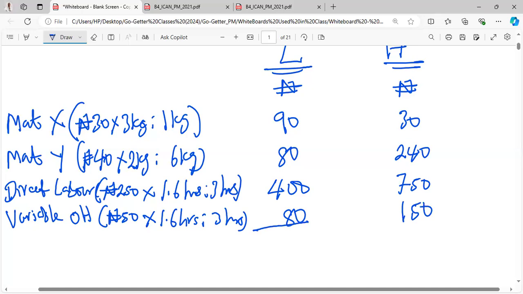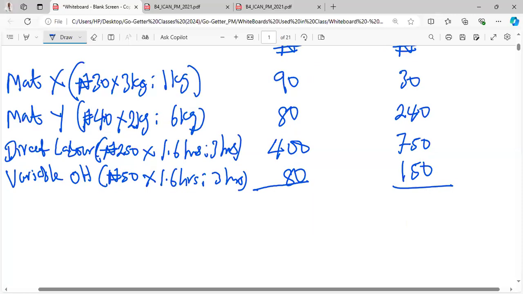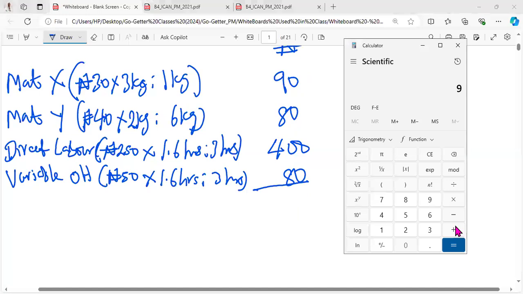We now add them together. So what do we get when we add them together? We have 90 plus 80 plus 400 plus 80. That gives me 650 here.